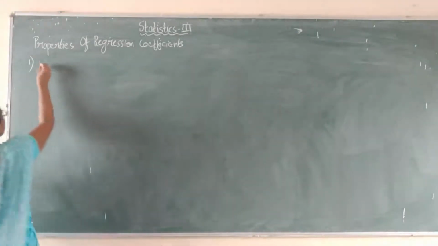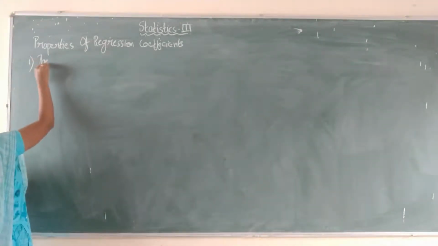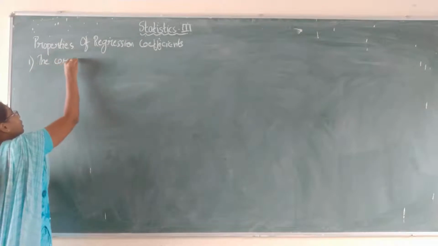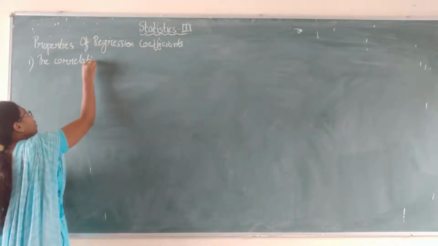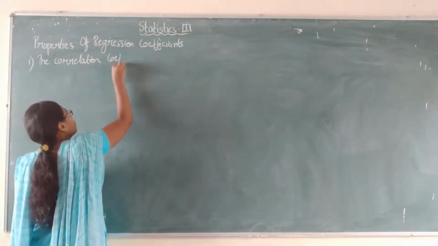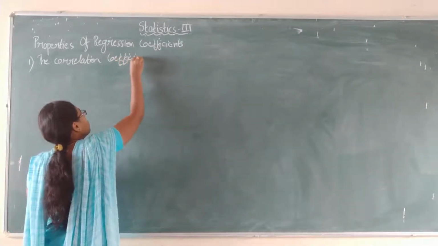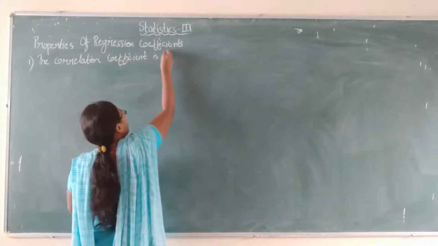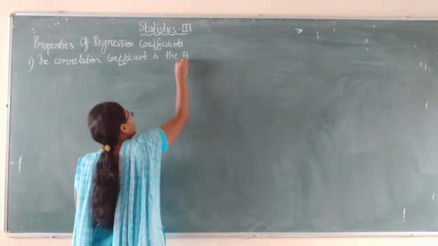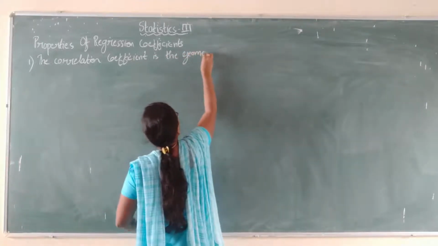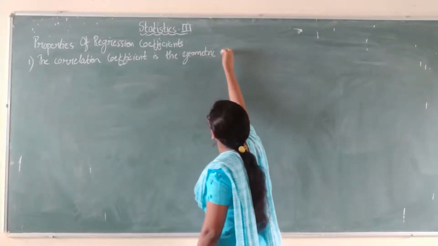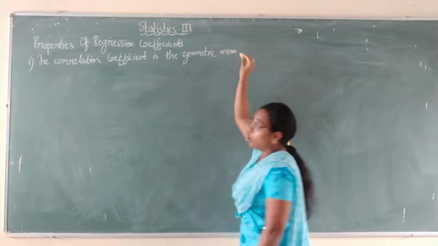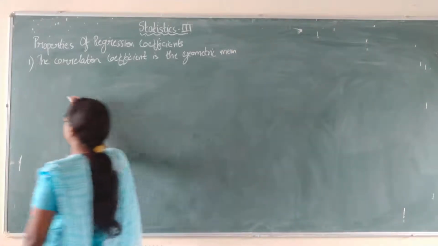So first one is the correlation coefficient is the geometric mean of two regression coefficients.